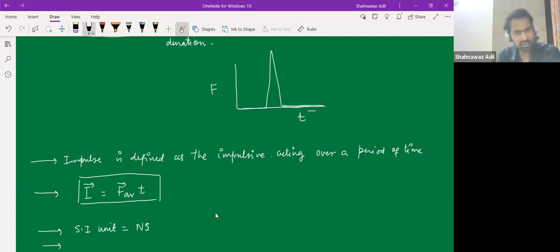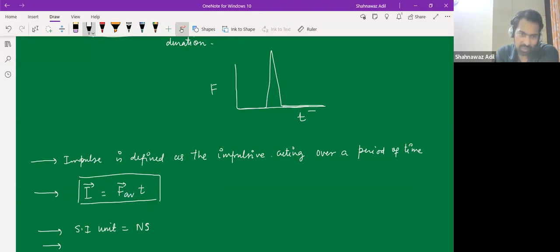And is impulse a vector quantity or a scalar quantity? Yes, guys, what is impulse? You can see here this force is a vector quantity, right? So this is multiplied by some scalar.